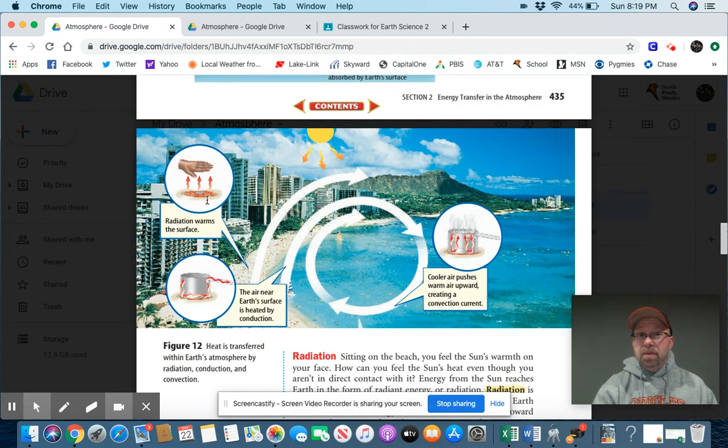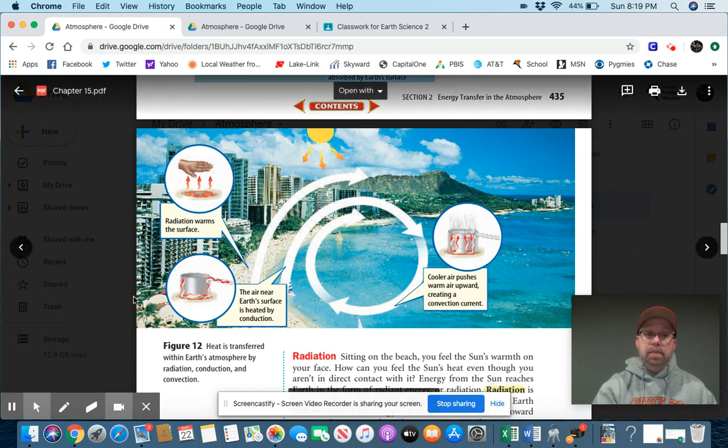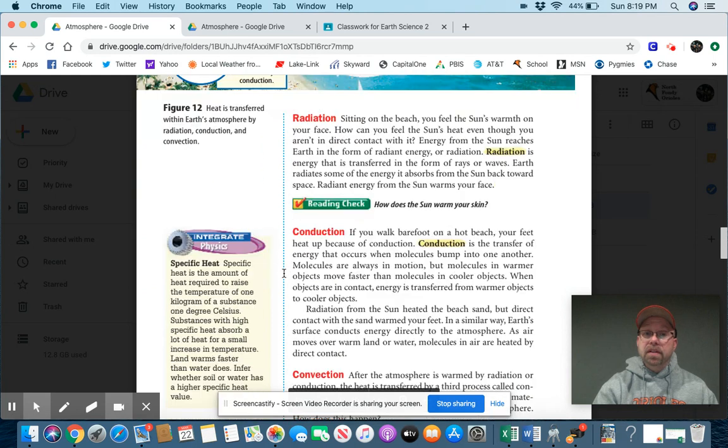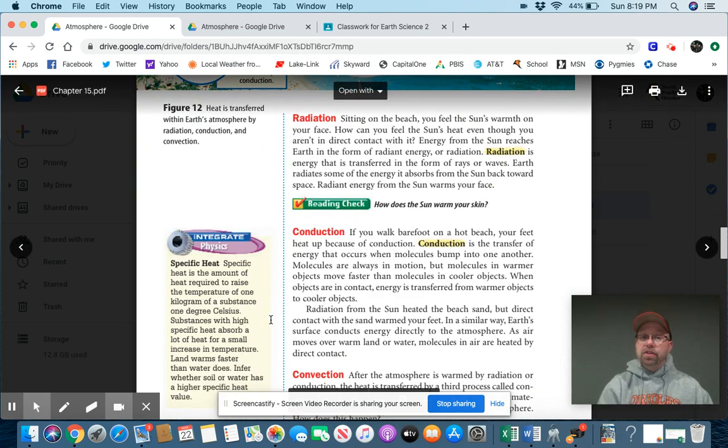But if you've ever accidentally touched a hot burner, that was conduction. The heat from the coils, those molecules, bumped into the molecules in your hand, and that heat was transferred through those molecules. So when molecules bump into one another, heat is transferred by conduction.